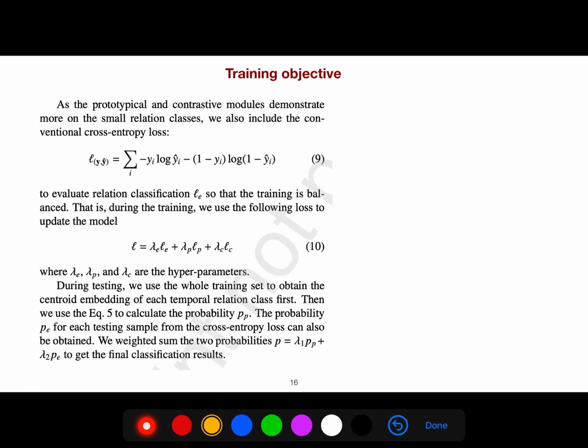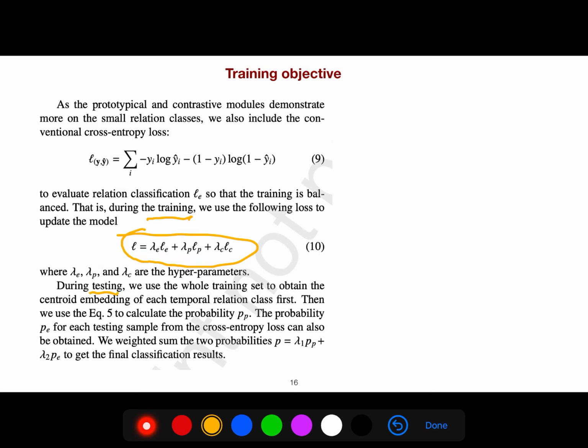As the prototypical and contrastive modules focus more on the small relation classes, we also include the conventional cross-entropy loss to evaluate relation classification so that the training is balanced. That is, during the training, we use the following loss to update the model; these lambdas are just hyperparameters.